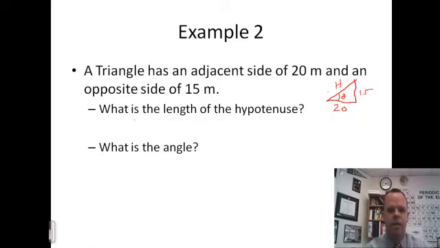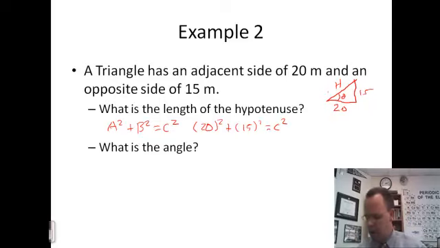For the hypotenuse, that's pretty straightforward. We can use the Pythagorean theorem. a squared plus b squared equals c squared. It doesn't matter which side we make a and b. 20 squared plus 15 squared equals c squared. We do that, we get 625 equals c squared.